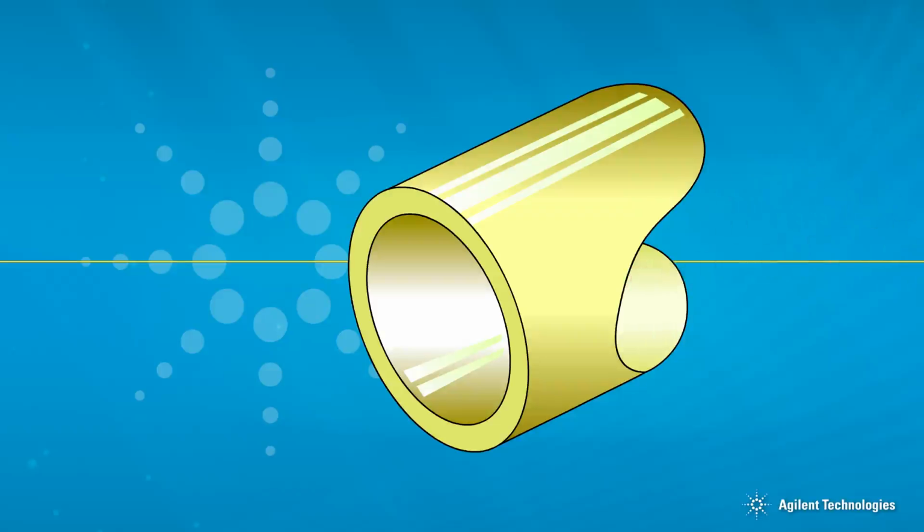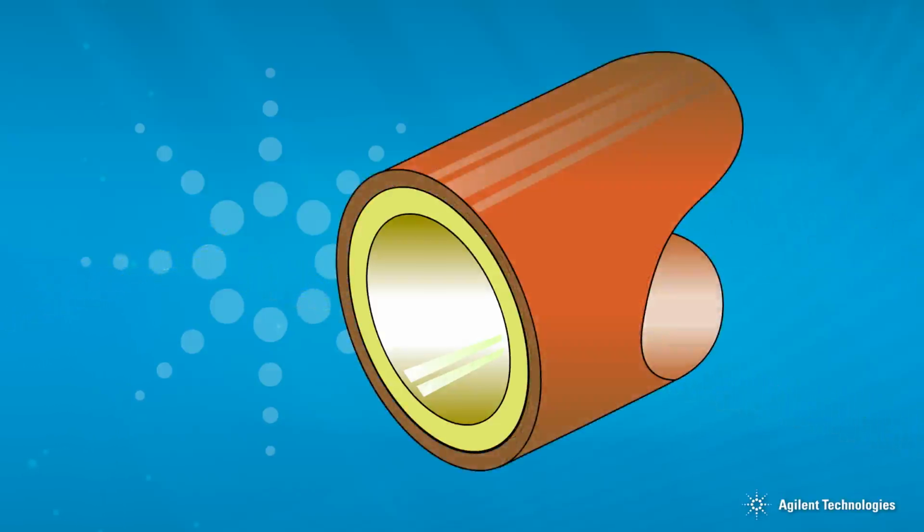Uncoated fused silica is very fragile, so it is coated at the factory with a high-temperature polymer called polyimide. This results in a flexible piece of tubing with greater mechanical strength and flexibility. The inside layer of the capillary column is the stationary phase. This is where the GC sample separation occurs.